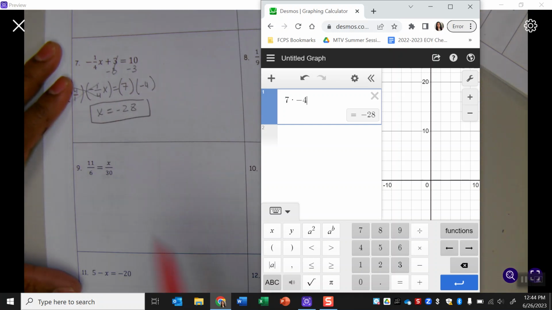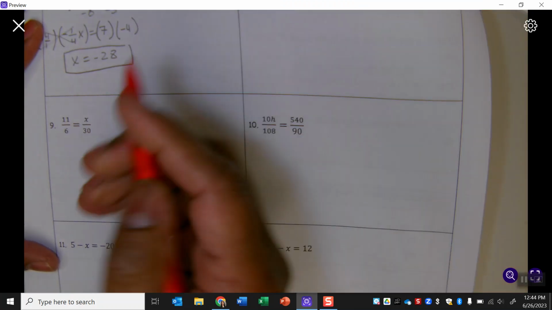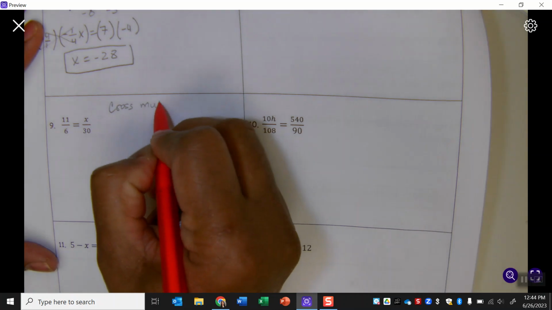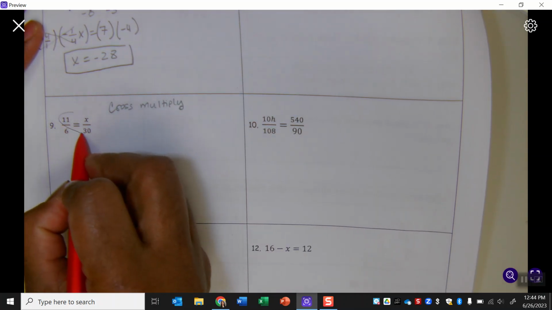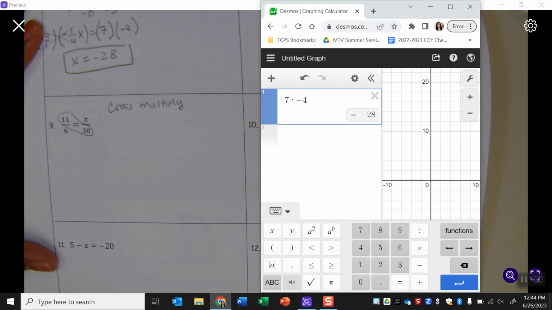Number 9. All right, so this one, we have a fraction equal to a fraction. So we're going to cross multiply here. We're going to do 11 times 30, which is 330.